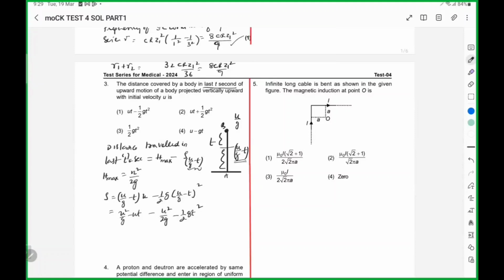Simplification, g get cancelled, plus u t, which is u square by 2g minus half g t square. So distance traveled in t seconds is u square by 2g minus half g t square.